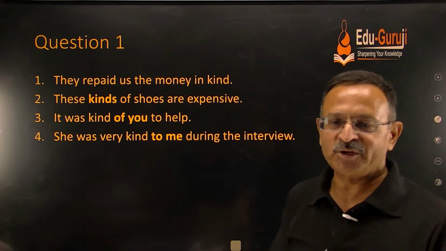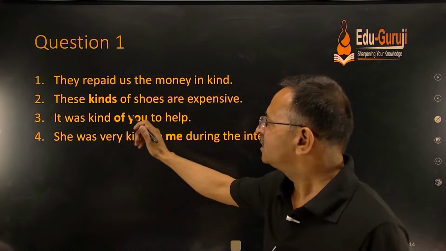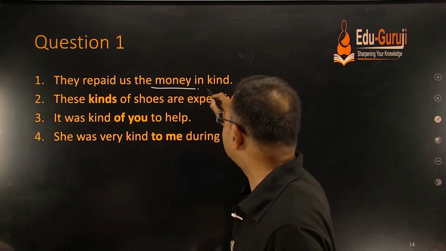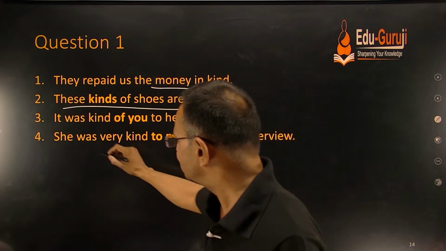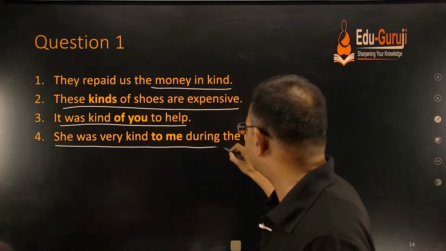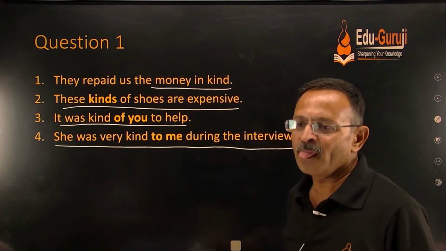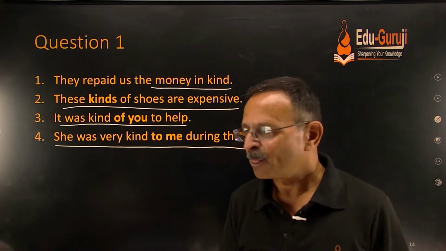Now let's see the question. The first question says, they repaid us the money in kind. These kinds of shoes are expensive. It was kind of you to help. She was very kind to me during the interview. I hope you can easily make out which is the correct one.